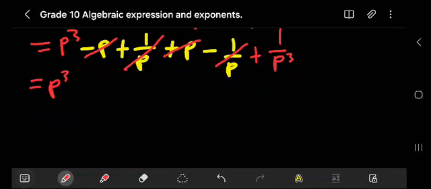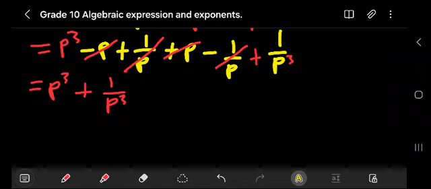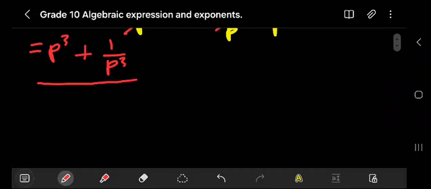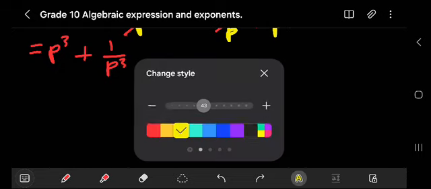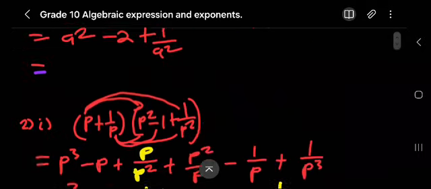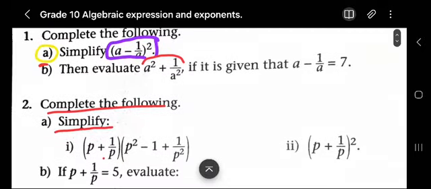We'll be left with plus 1 over p raised to the power of 3. All right, so this is it, guys. That is how you simplify that.